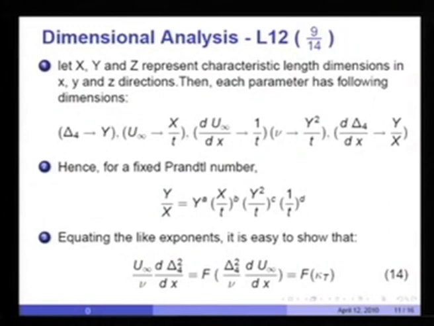Everything in terms of d, let us say, and you will get u infinity by nu, d delta 4 by dx as a function of delta 4 squared by nu, du infinity by dx.